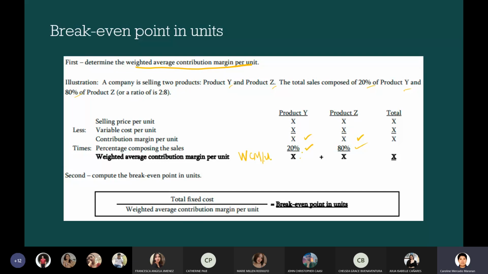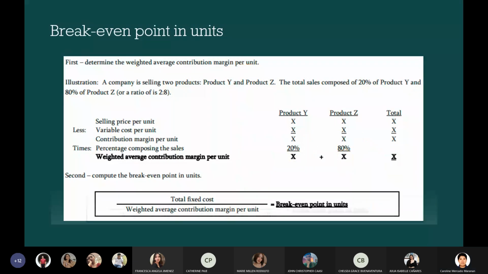So, you will have here your CM as to sales mix. I-add mo lang sila. So, ito po yung ating weighted average contribution margin. Ilagay mo na sa break-even point formula. Since meron ka ng contribution margin per unit, so that's total fixed cost over weighted CM per unit. So, that's break-even point in units.